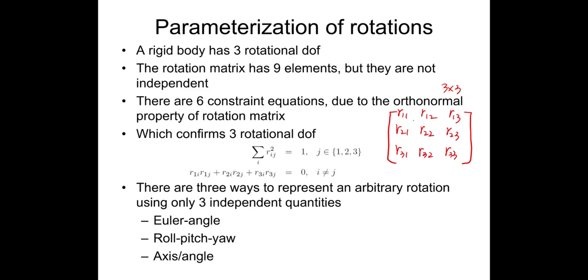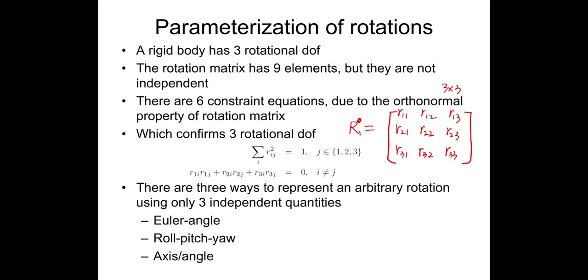But actually, these 9 elements, they're not independent. And why is that? It is because of how we calculate this rotation matrix. For example, if this is R10, then 0 is my reference. So I'm rotating 0 to a new frame 1, and my frame 0 is my reference.